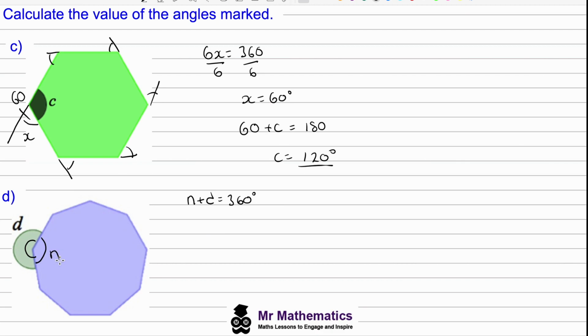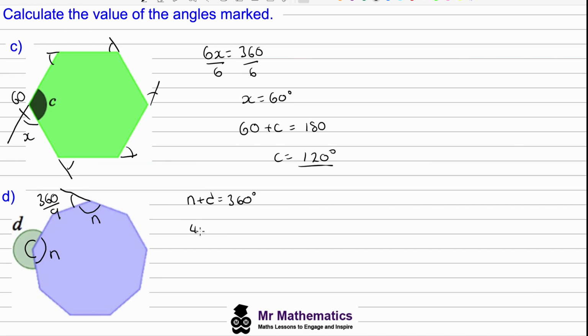And we can work out the interior, let's say this one here, just to save space. We don't need them the same because it's a regular polygon. But we can work out the interior by working out this exterior, which will be 360 degrees divided by the number of exterior angles, divided by 9. So this will be 40 degrees.